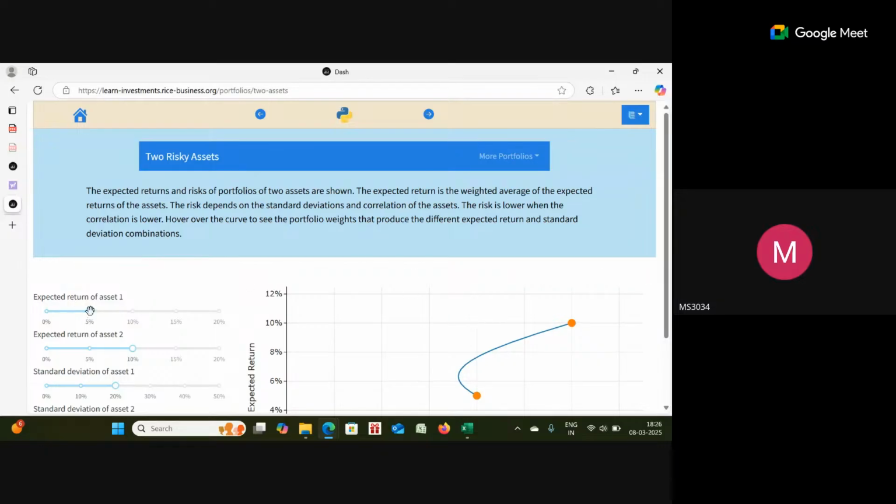You can play with the returns; if you change the returns then the shape changes. You can play with standard deviations also, and see how changing these variables changes your minimum variance set.